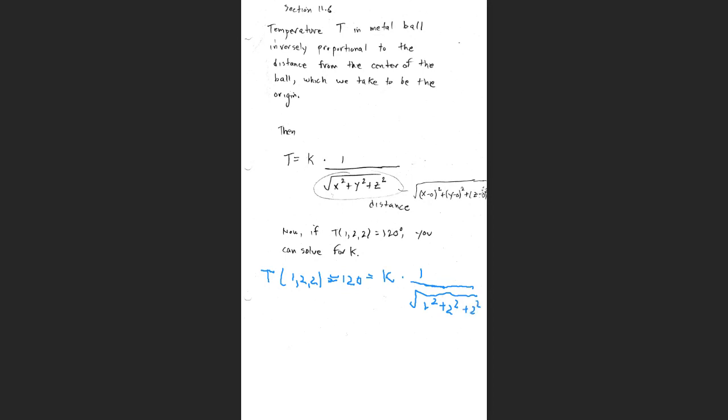So what you have now is that 120 is equal to K divided by the square root of 9. And so this means that K is equal to 120 times the square root of 9. Okay, that's what that means.